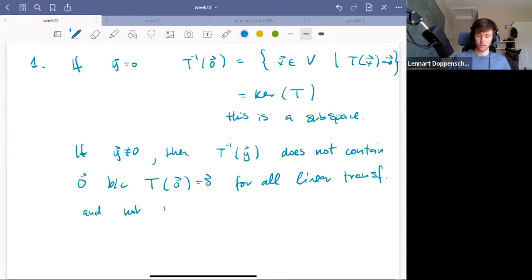It's clear then: if it's 0 and Y is not 0, then T of 0 can't be equal to Y.